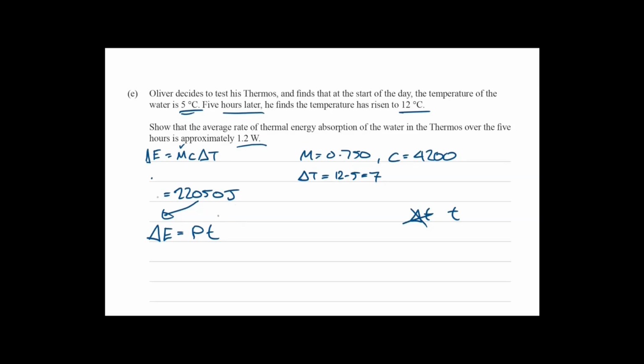The time, we kind of know this. We have to always ask ourselves, is it in SI units? And the SI unit for time is not hours, it's seconds. So we have to work out how many seconds there are in 5 hours.